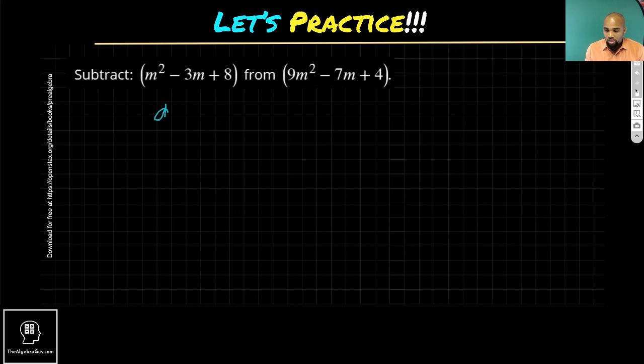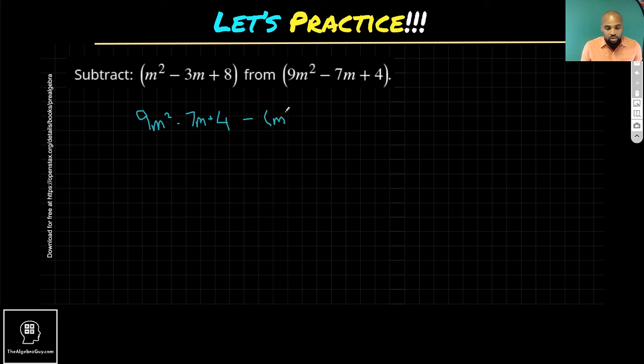All right, so let's try to write our 9m squared. It's going to be a little sloppy because I need to use my mouse now. 9m squared minus 7m plus 4. And I'm going to subtract all of this stuff. Now, when I subtract it, what I'm really doing is putting a minus sign, parentheses, all of this stuff.